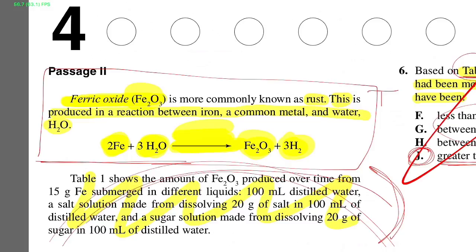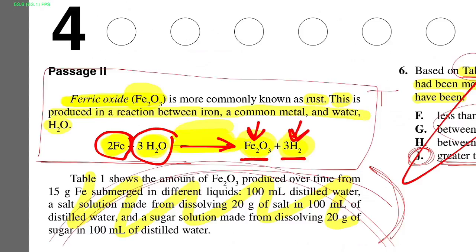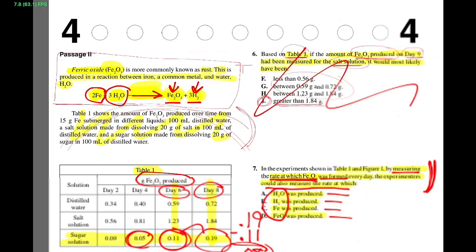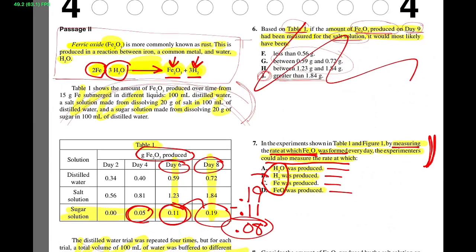So when you have some iron and some water, you get some rust, and you also get some H2. And so it's reasonable, if you're measuring how much of this product is being generated, you could also measure the rate at which that other product is being made, and that's going to be the answer: how much hydrogen, or H2, was produced.